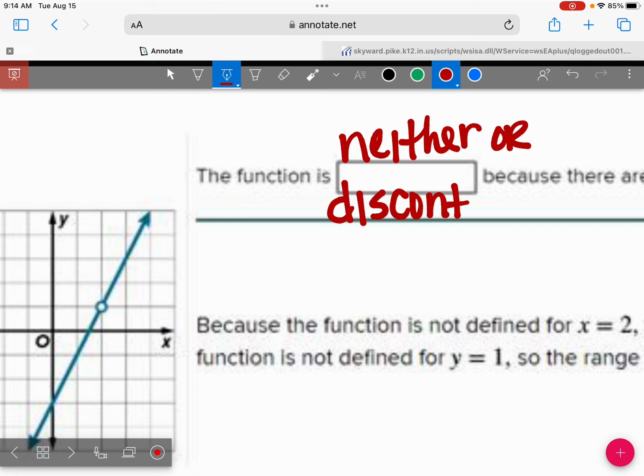So this function is neither, or you can say it's discontinuous, and it's because of this hole right here. If that hole was not there, it would be continuous. But that open circle means that we have a discontinuity. There's a break in the graph.